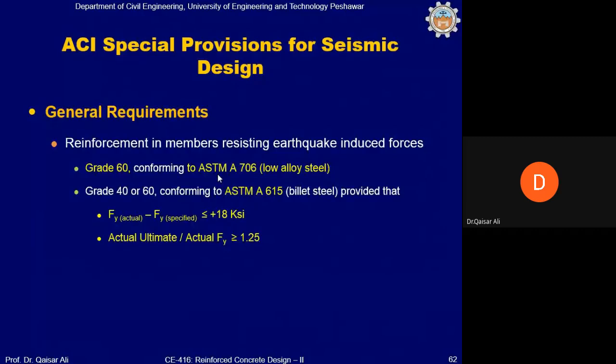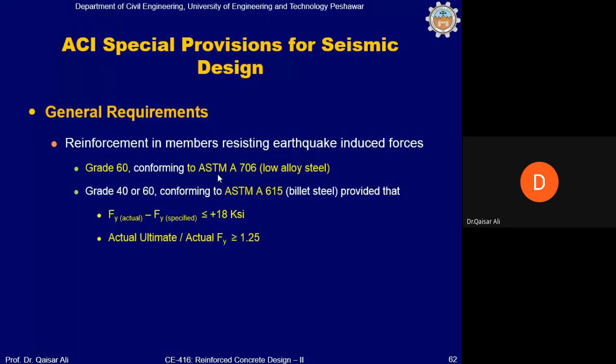If yield is very, very high, it is quite possible that yield is very close to the ultimate, and the reserve energy that we consider in our designs, by not taking strength more than the yield, will be compromised. So this is not a desirable situation.